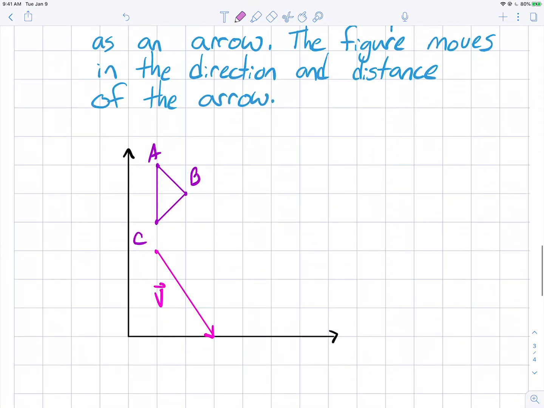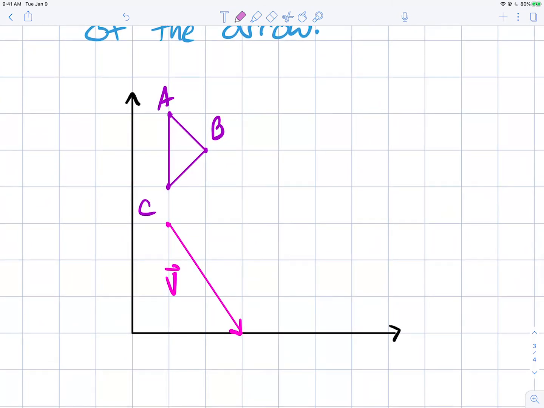So let's just say this was our picture here. This is my triangle A, B, and C, and I have this lovely pink vector here. So let's figure out what exactly this vector is telling us to do. So this vector is telling us to move 2 right and down 3. And the reason I know that is because I'm going to start at the point and go in the direction and end at the arrow.